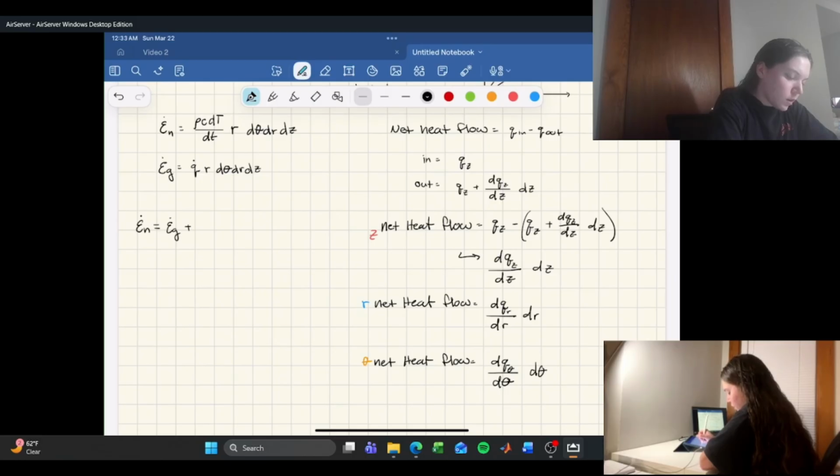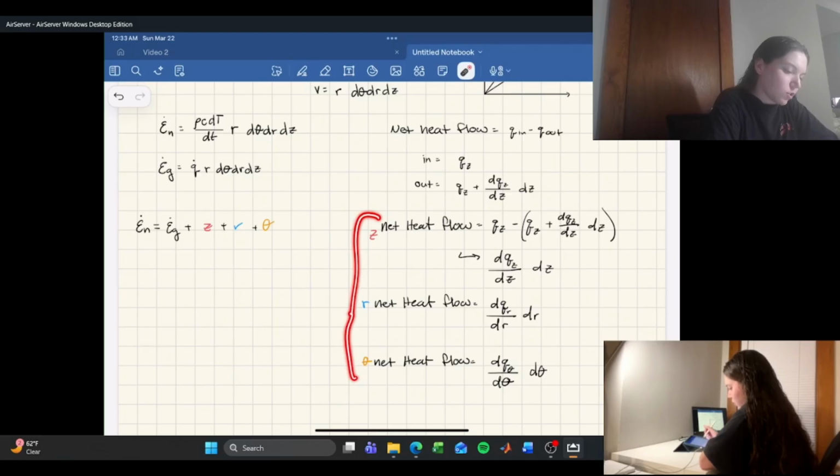So I'll just do Z plus R plus theta. And that's these three net heat flow equations.